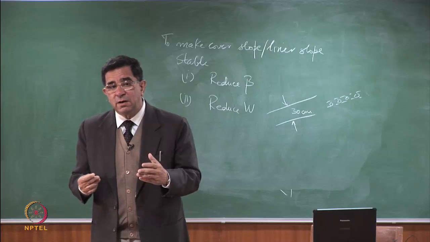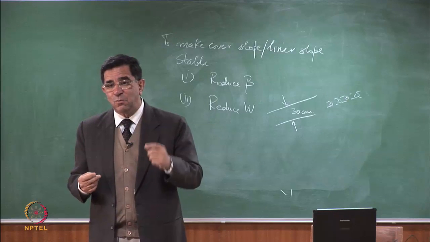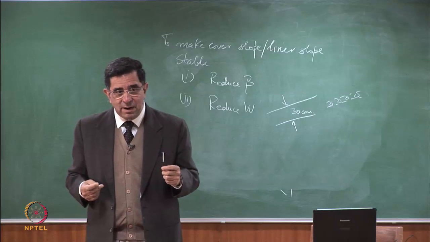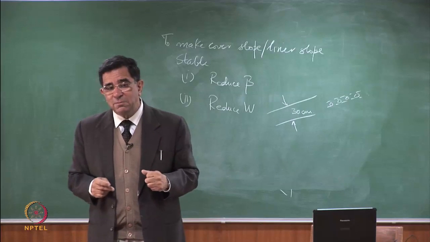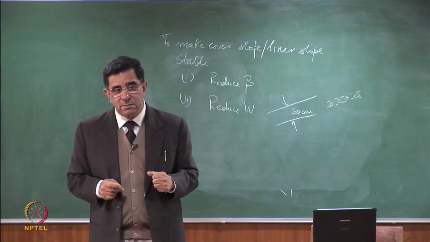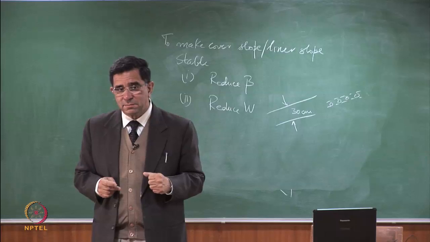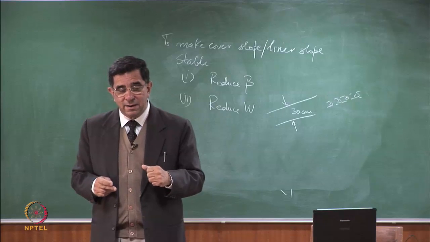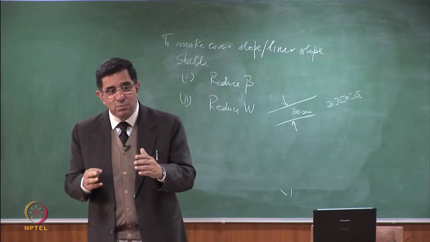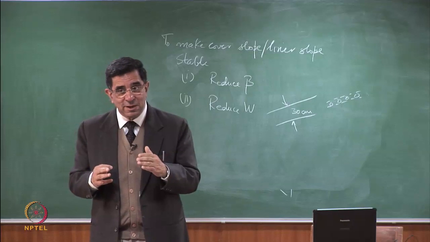So 1500 grams per square meter, that is 1.5 kilograms per square meter. And what was the kilograms of 30 centimeter of sand per square meter? It will be hundreds of kilograms. So you can definitely reduce W by reducing thickness.